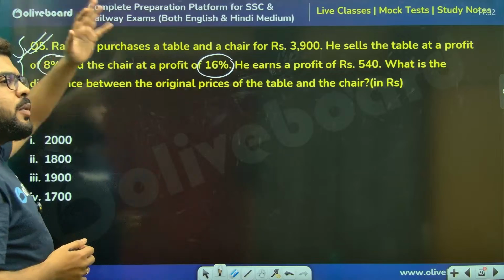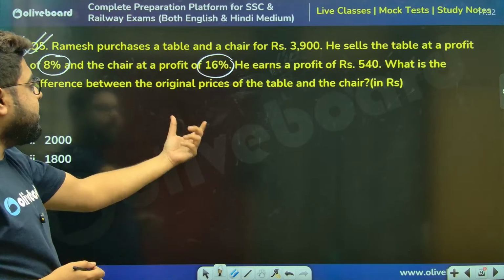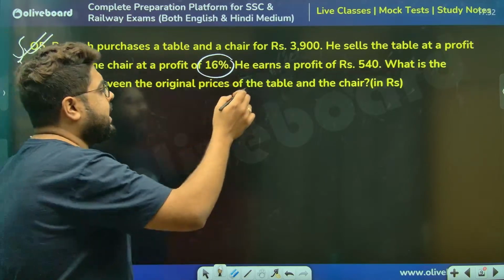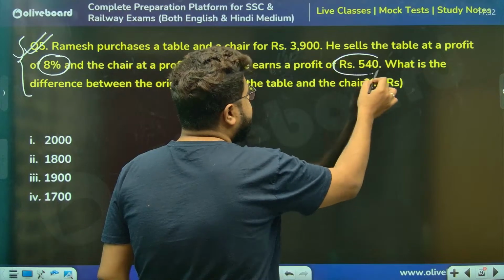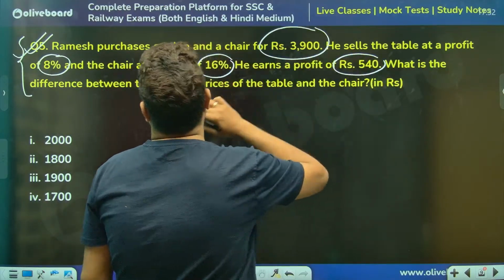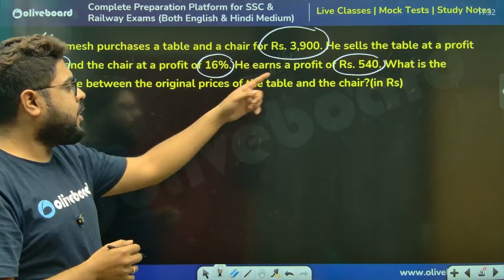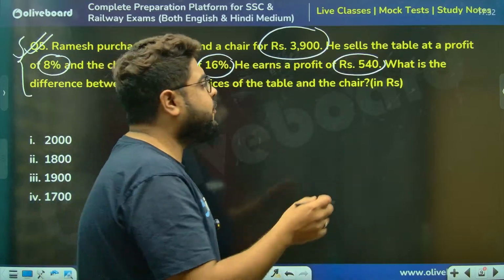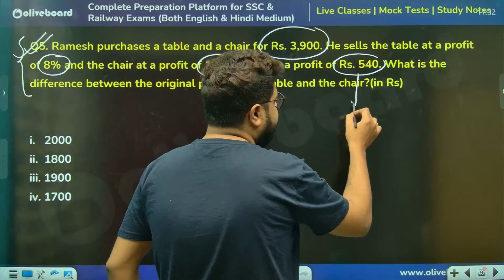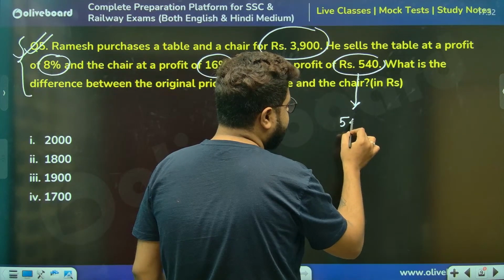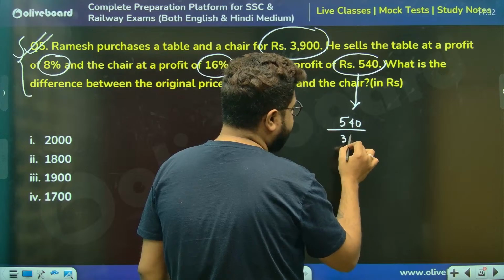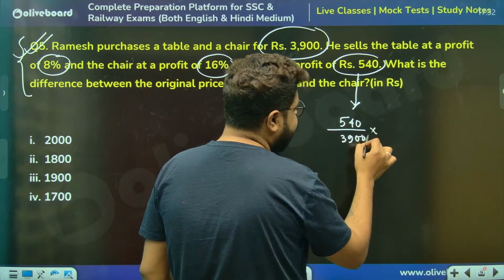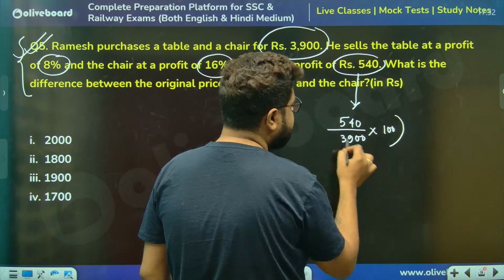But sir, the overall profit is not given. What will be the middle? Don't worry, sir. I know total profit, I know total CP, so I can calculate the profit. The profit actually is 540 rupees. This always gets calculated on CP, sir.